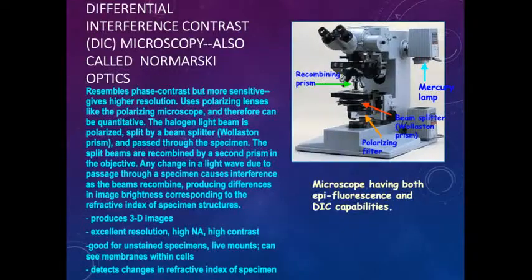Then comes the differential interference contrast microscope. I'm telling you about these different types of microscope because when you start working in a lab professionally, depending on the kind of lab, there might be different kinds of microscope, and to get the best results for your paper or research, you have to identify which microscope will be best.